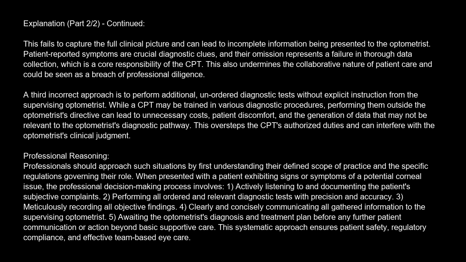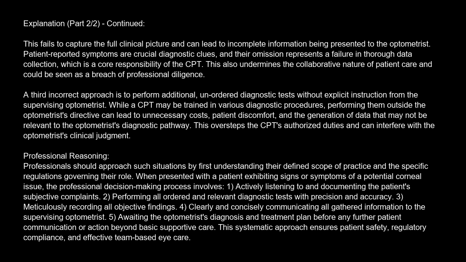Professional reasoning. Professionals should approach such situations by first understanding their defined scope of practice and the specific regulations governing their role. When presented with a patient exhibiting signs or symptoms of a potential corneal issue, the professional decision-making process involves: 1. Actively listening to and documenting the patient's subjective complaints. 2. Performing all ordered and relevant diagnostic tests with precision and accuracy. 3.